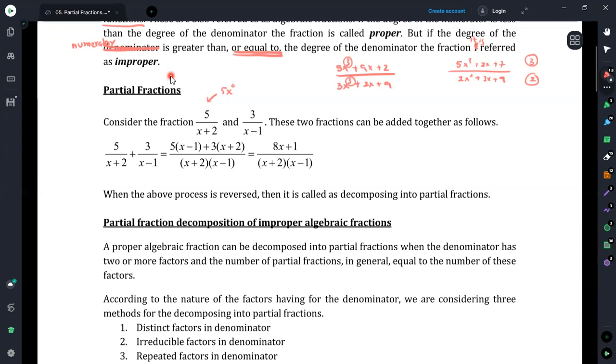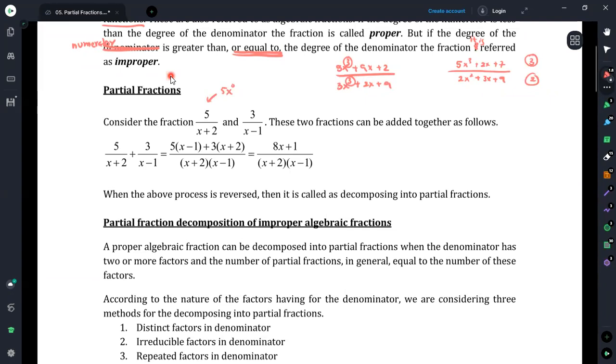We know that the 0th power of any value is equal to 1, and 5 times 1 gives 5. That's why we can say the degree of the numerator is 0, but the degree of the denominator is 1. So this is a proper algebraic fraction, and this is also a proper algebraic fraction, 5 over x plus 2 and 3 over x minus 1.